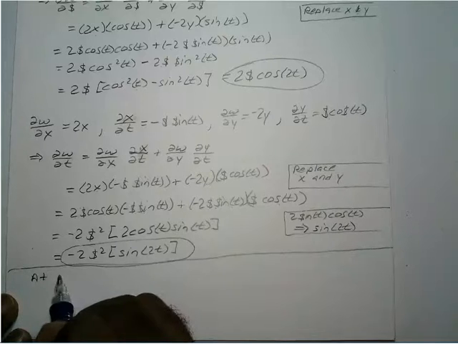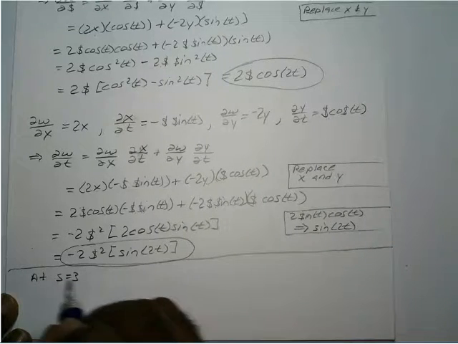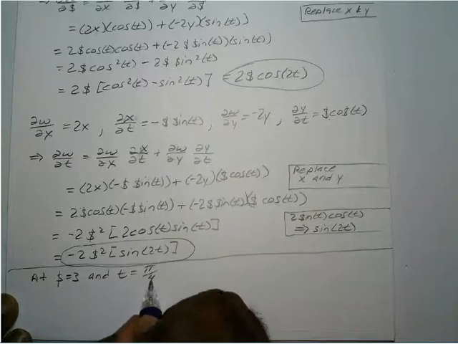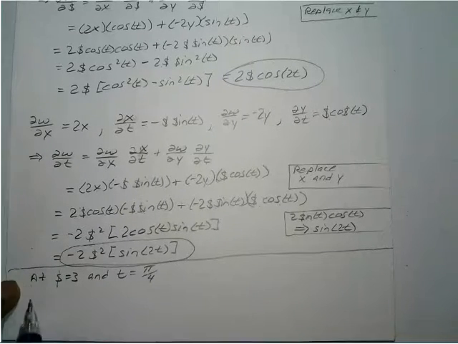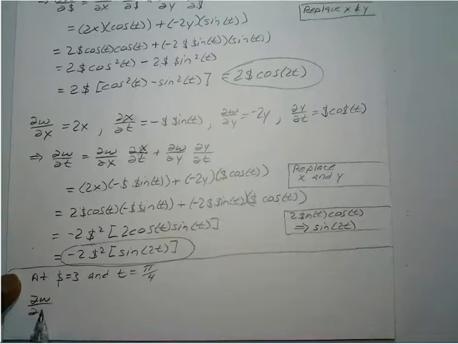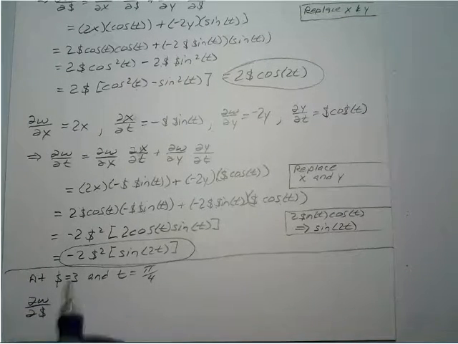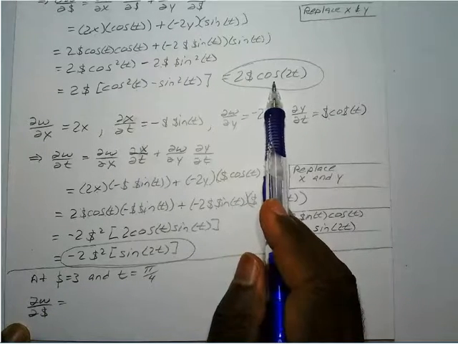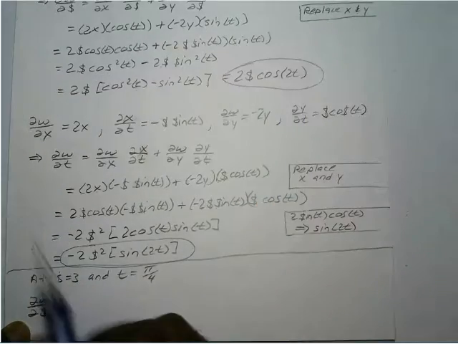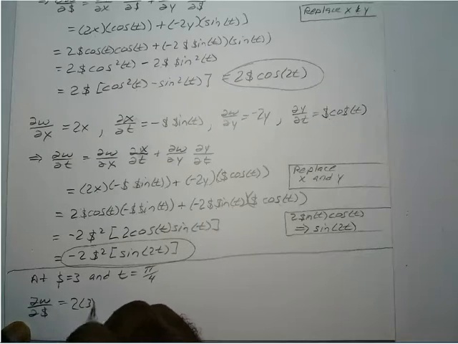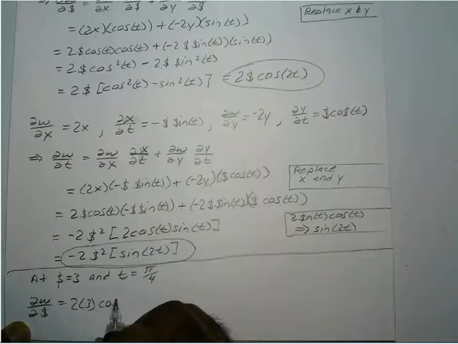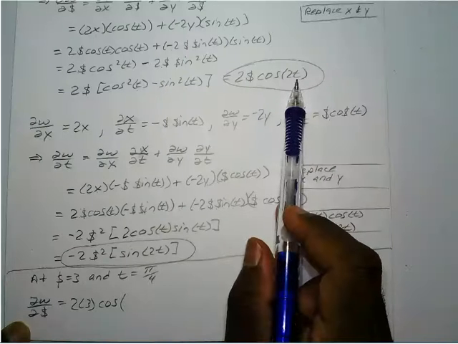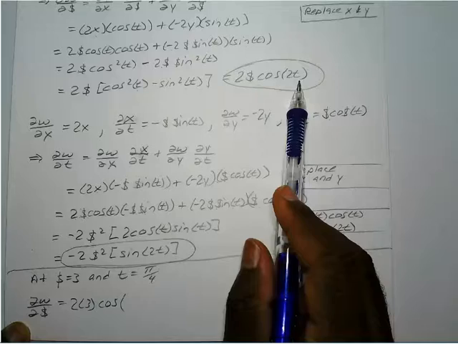So at s equals 3 and t equals pi over 4, our partial of w with respect to s, which we know is 2 times s times cosine of 2t, is 2 times 3 times cosine of 2 times pi over 4, which is pi over 2.